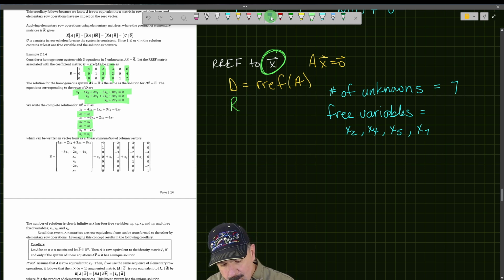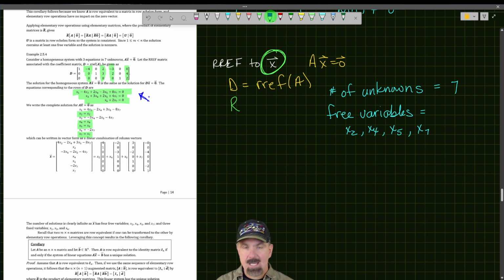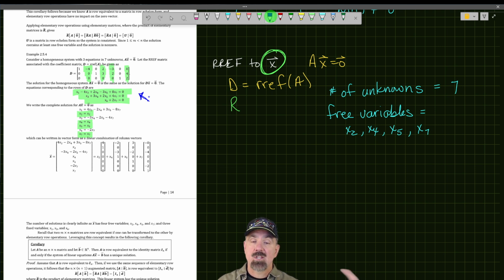So the point is, the free variables are not showing up in here as something that we can set equal to other items because they're free. So we don't have an equation x2 equals with a bunch of stuff following it. x2 is a free variable.